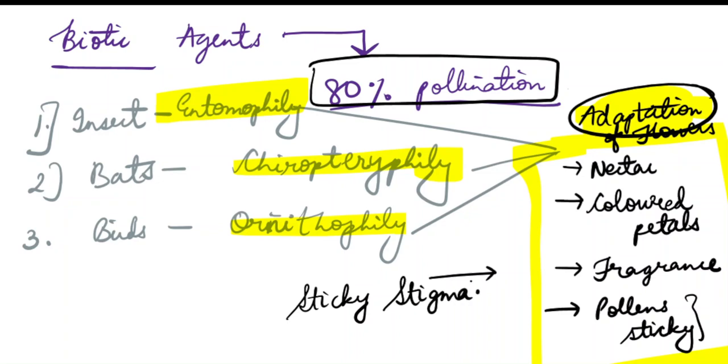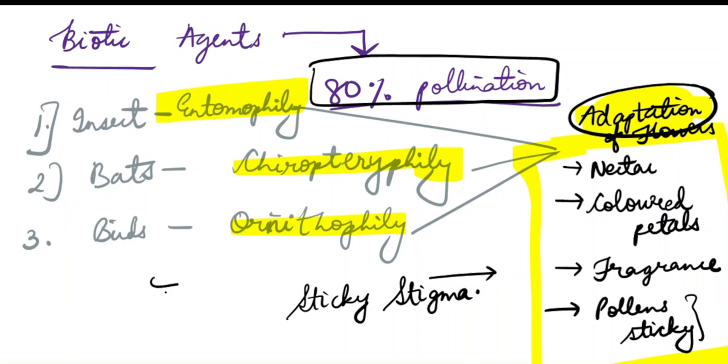The insects, bats, birds and snails require sticky pollen, because they can carry it easily, otherwise the pollen might fall here and there.